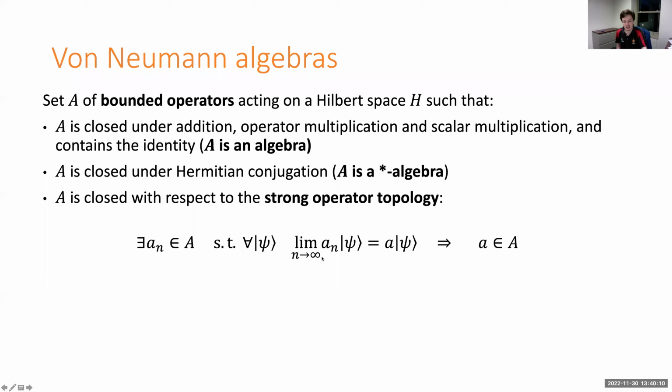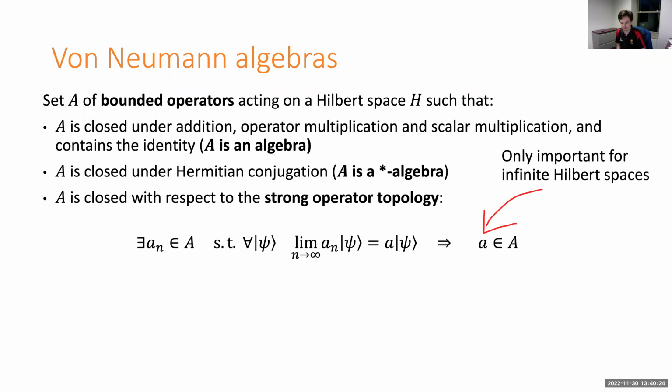There are some nice arguments that this is the right physical notion of operators converging if you're thinking of them as measurement operators. But also, von Neumann algebras turn out to be structurally nice, and so they're nice things to think about. I want to emphasize this is only important for infinite dimensional algebras. For a finite dimensional algebra, it will always be closed with respect to this topology.